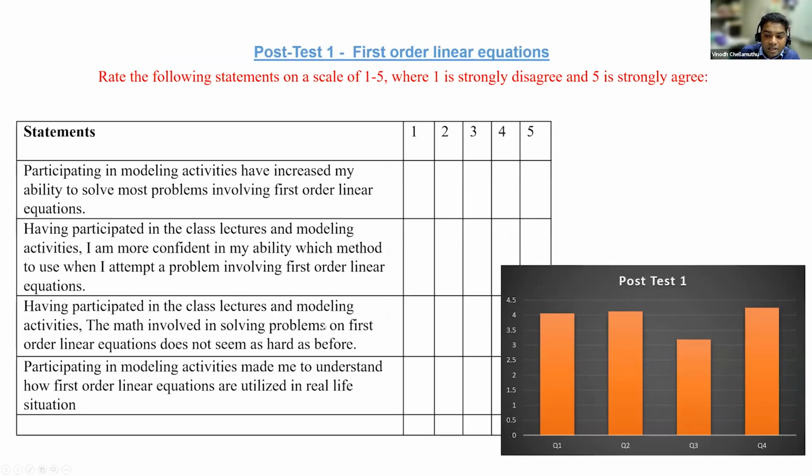On all the questions, it actually changed. For example, "participating in modeling activities made me understand how first order linear equations are utilized in real life situations." I was very happy to see this result, because I was expecting it. That's my assumption, but I can see it through data, which was good.